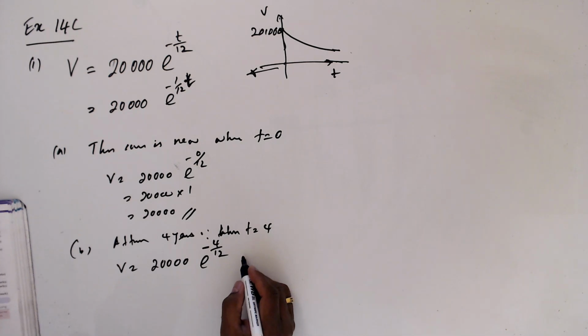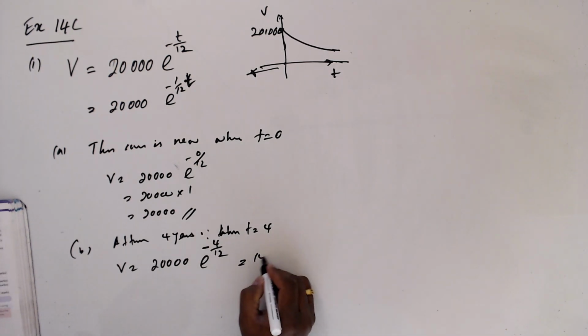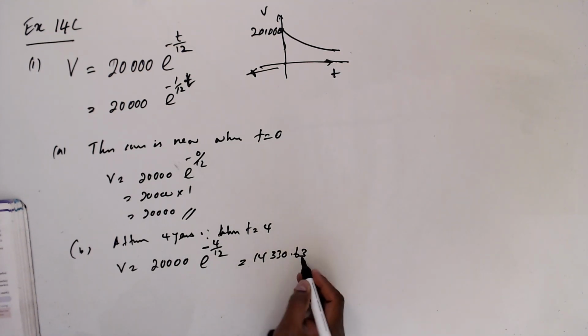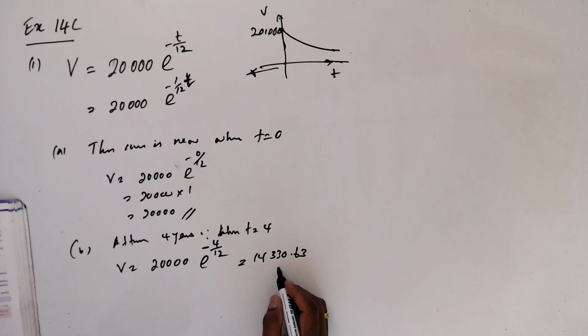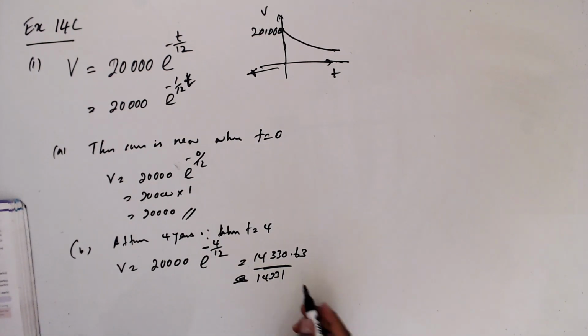So this is going to be 14,330.63, so approximately 14,331. The method is right.